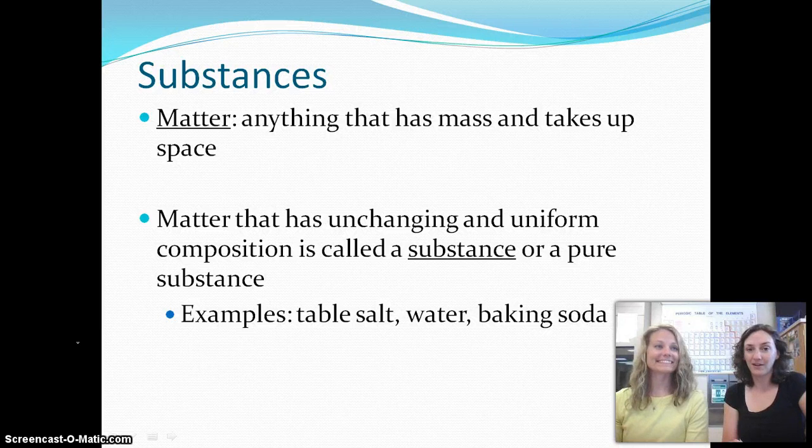Good. And water, you should all know this. H2O, 2 H's to 1 O. And let's challenge you. What's baking soda? Baking soda is sodium carbonate, which is Na2CO3. Good. So remember the differences between matter and a substance.